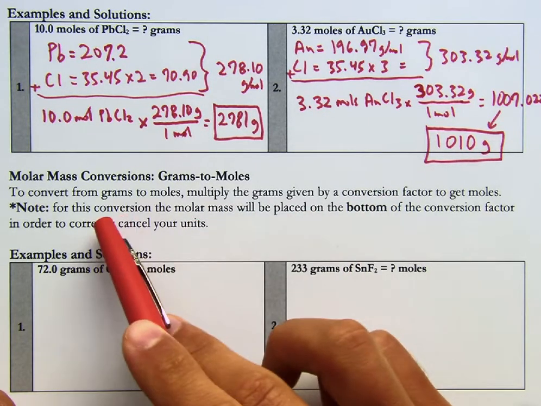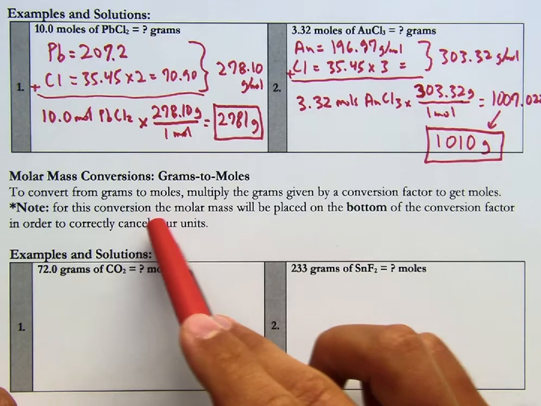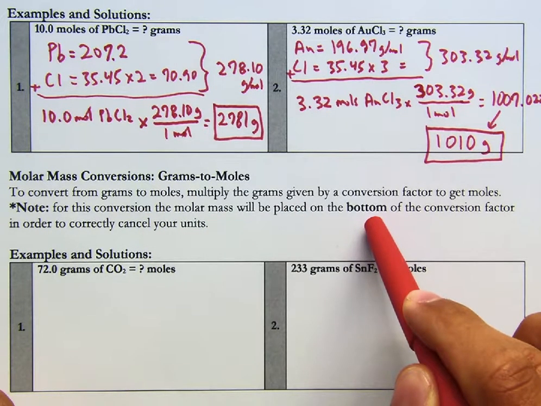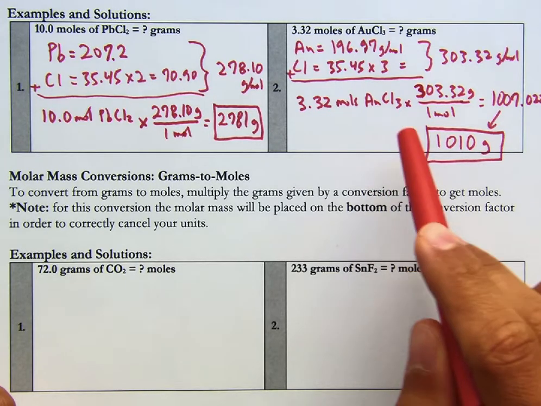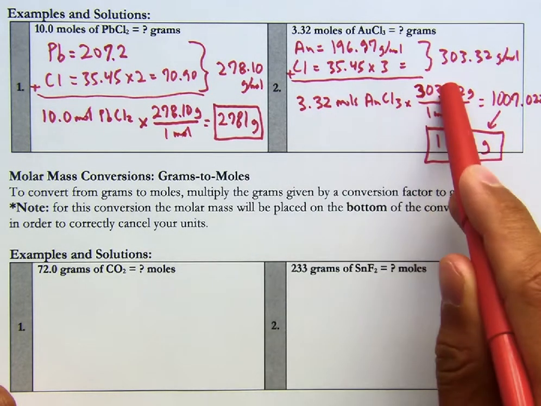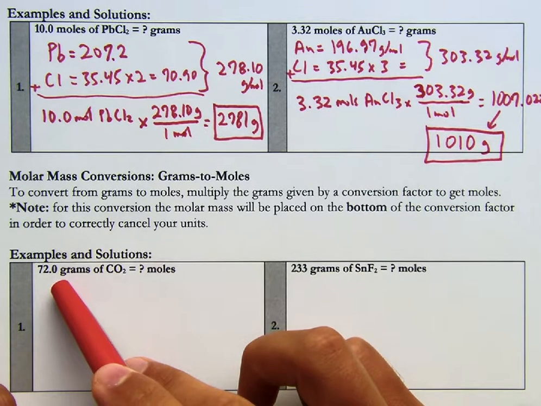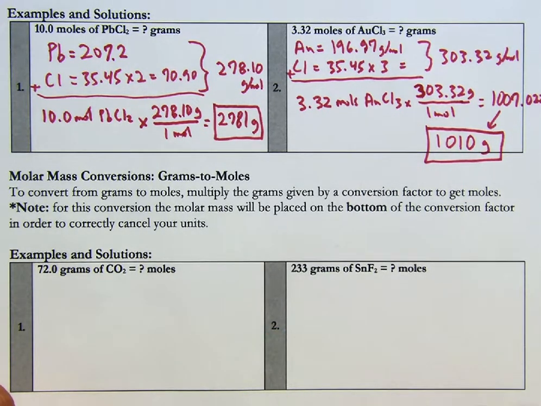And this time, the molar mass will be placed on the bottom rather than on top. When we had it on top, you were taking the number of moles times the molar mass. Now you're going to be taking the number of grams and dividing by the molar mass. So just like before, if you want to pause the video to do these, go ahead and pause it, and then I'm about to work through them.